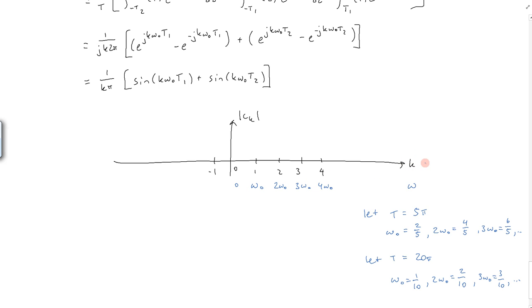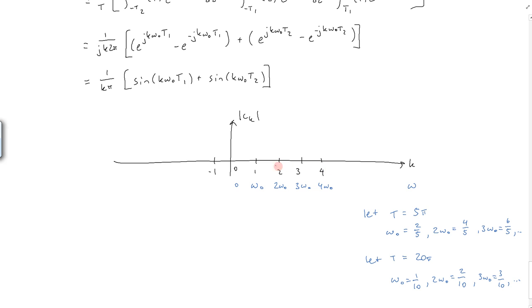The important thing that I'm trying to point out here is that k is just the index of the Fourier series, but the actual frequency content that we're trying to represent is shown by omega, and omega depends on the actual value of omega 0, the fundamental frequency of the signal that we're trying to represent.